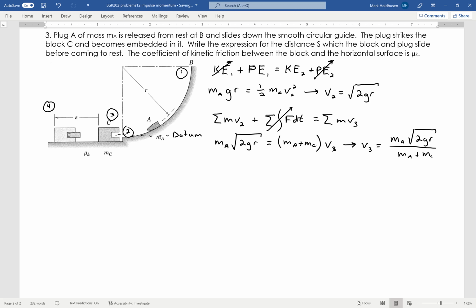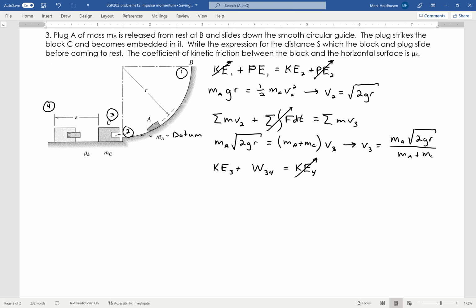Now I know V3. So now these two are going to slide over some distance, and I'm going to use the kinetic energy at 3 plus the work done from 3 to 4, which is going to equal my final kinetic energy at 4, which for us will be 0 because I want to know when it comes to rest, right?